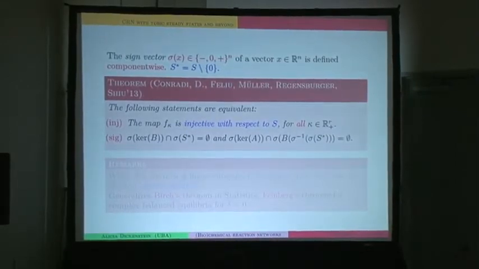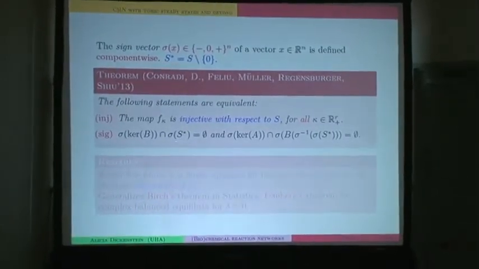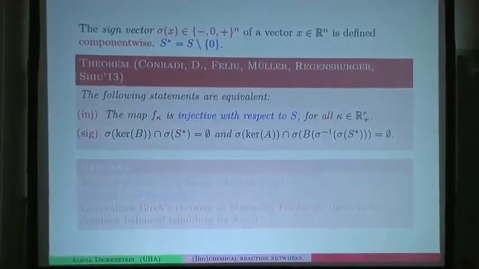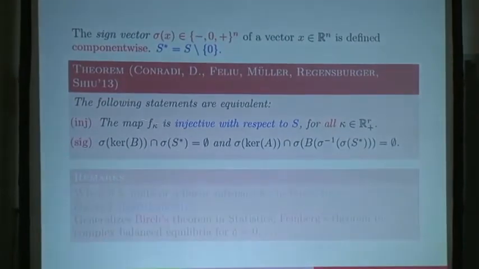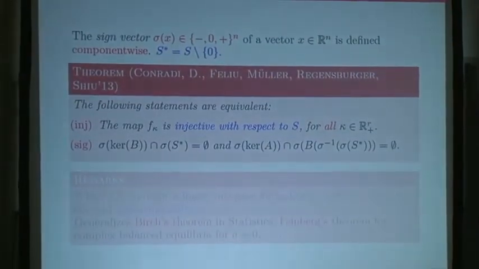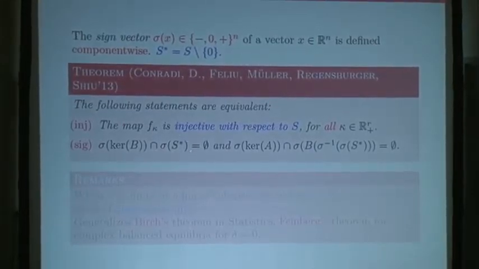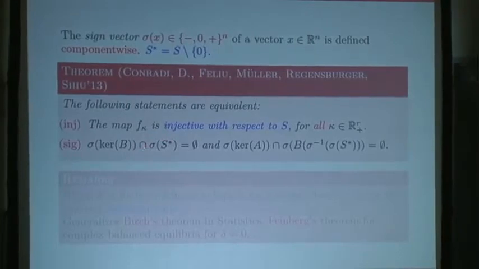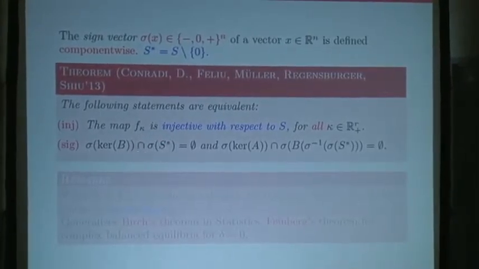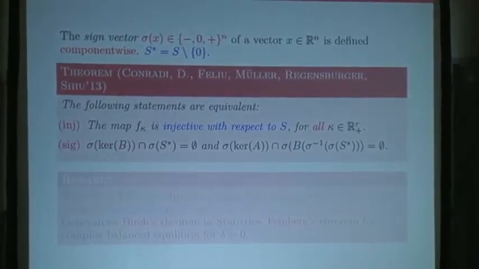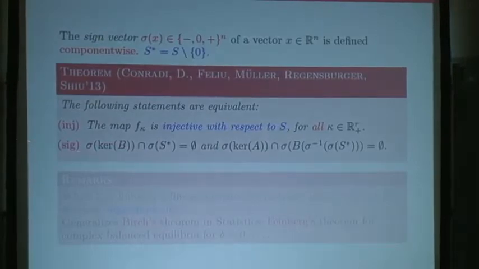So for instance, we pick S, a subspace, and this sigma of S are all the orthants that S intersects non-trivially. We exclude the origin. If all the orthants where a point of S lies need not be one of the orthants where the points in the kernel of B have signs.